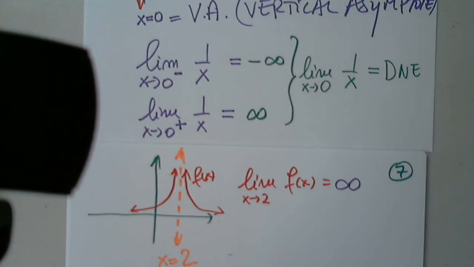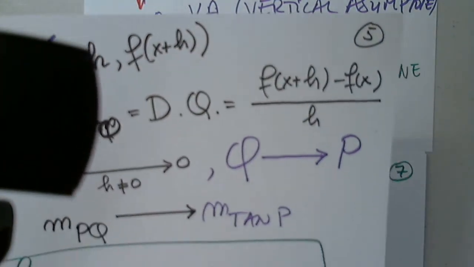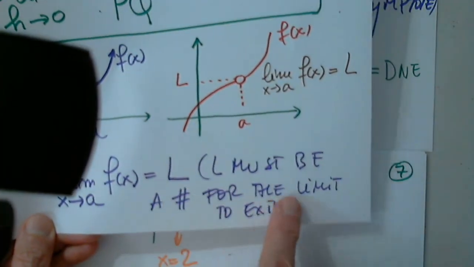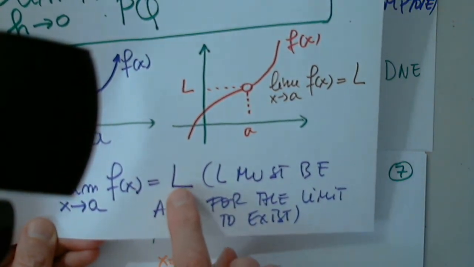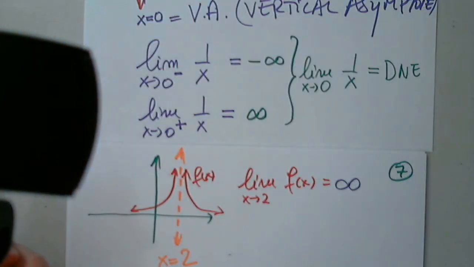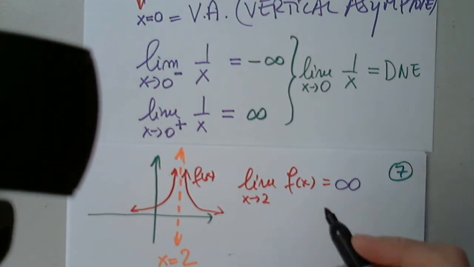Now, also I want to specify again. When we started talking about limits, we said the limit exists only if what I give you here is a number. Does this limit exist? Is infinity a number? No. Does not exist.